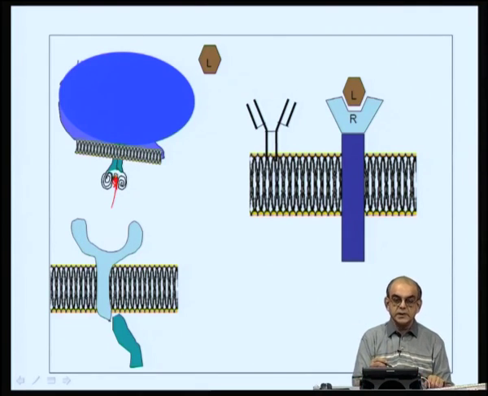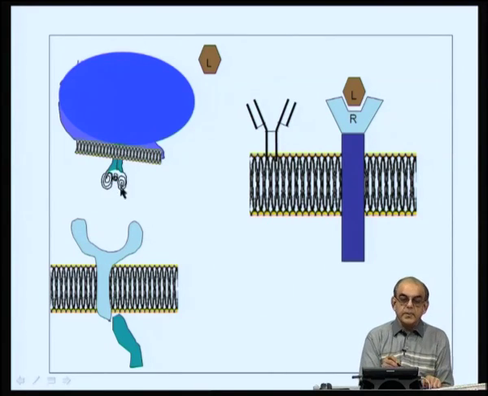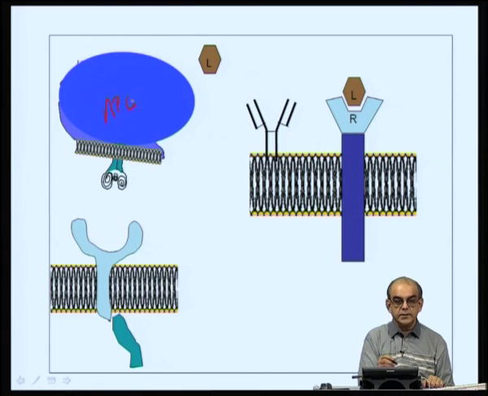This is the one that has to be recognized by a T cell in order for T cell activation to occur. So, you see that this MHC molecule, whether it is class 1 or class 2, is present on the antigen presenting cell. This is your antigen presenting cell, which is presenting the antigen.